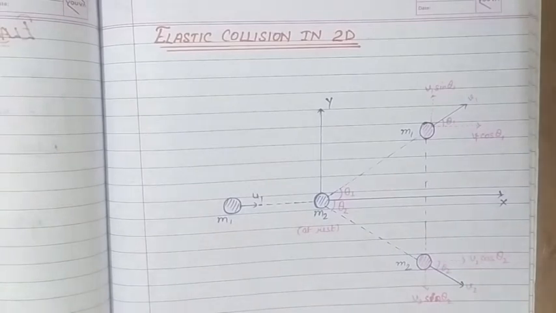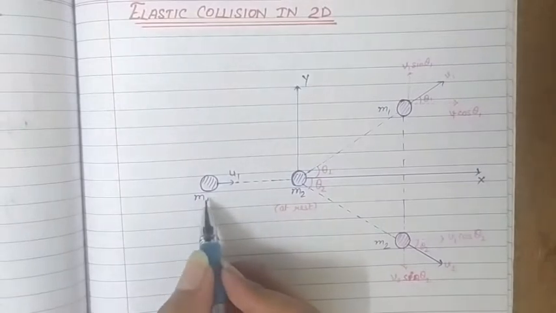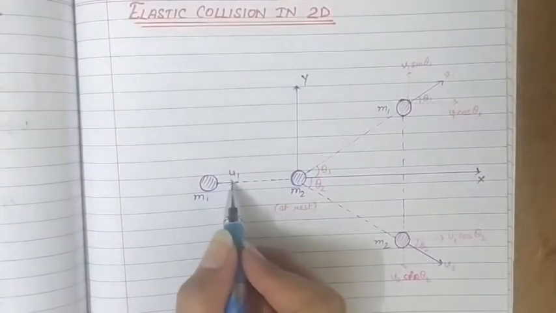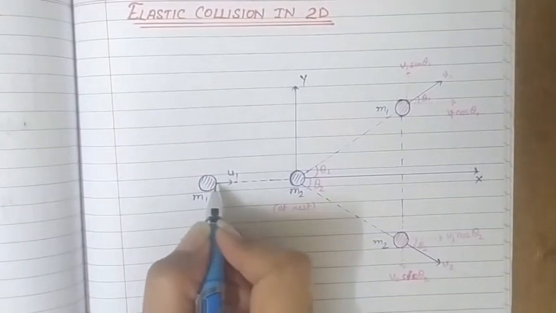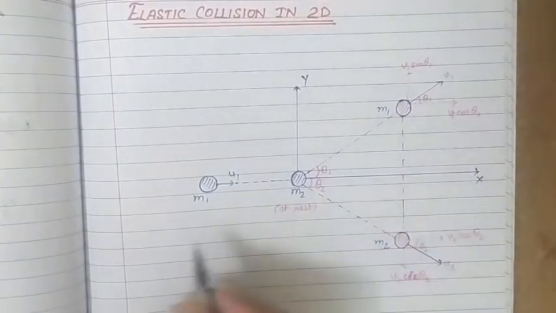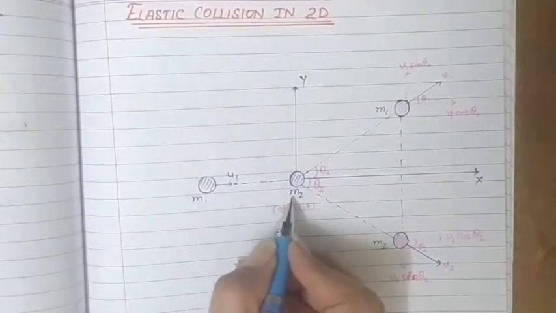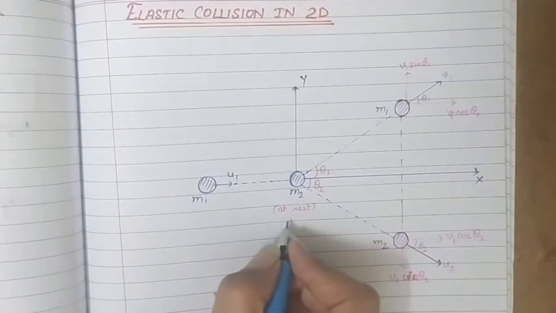For such a case, we consider a particle of mass m1 moving with velocity u1 along the x-axis, and it collides with another particle of mass m2 which is at rest.